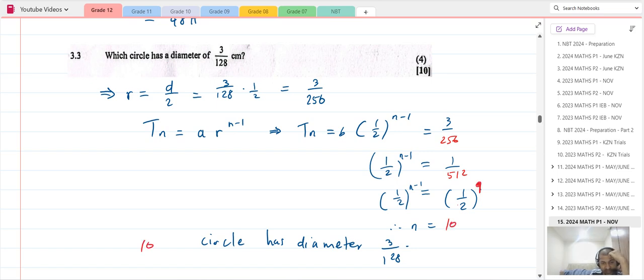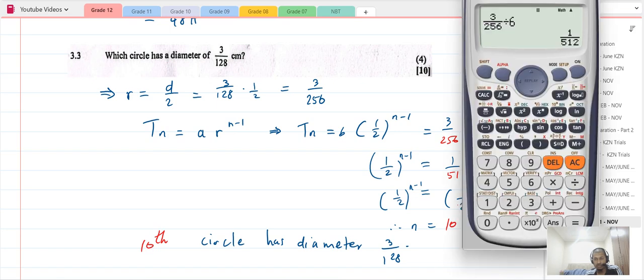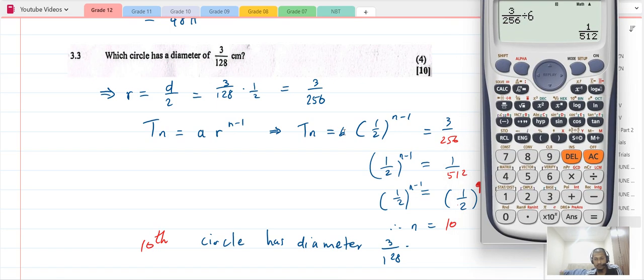So the 10th circle has a diameter of 3 over 128. Let's check if this is true. Take 6 times 1 over 2 to the power 9, and you get 3 over 256. Multiply the radius by 2 and you get a diameter of 3 over 128.